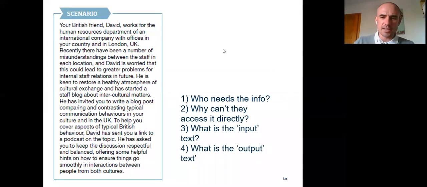Why can't they access it directly themselves? What's the input text for the students? And what's the output text they're supposed to produce? Okay, in the chat box, I'll give you just a minute to read the text and then see if you can answer those 4 questions based on the scenario. Okay, off you go.